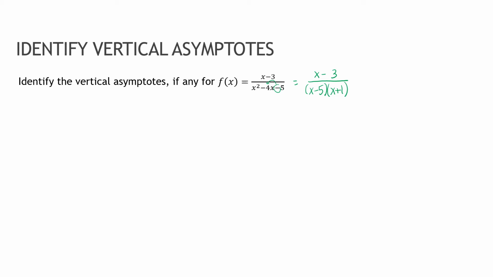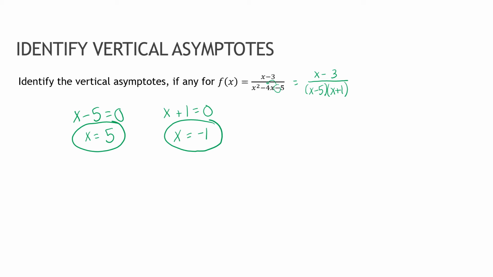Can I cancel anything? No, I can't. So what this tells me is that when x minus 5 is equal to 0, x is 5, that is a vertical asymptote at x equals 5. If I look at my other factor, x plus 1 equals 0, if I subtract 1, I get x equals negative 1. That is also a vertical asymptote.